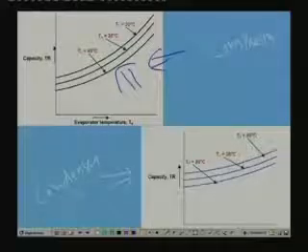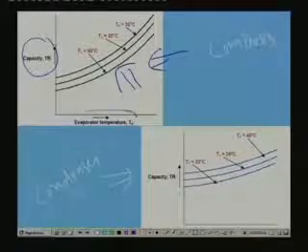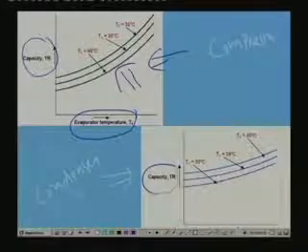One thing you should notice here is that both the x and y axes have to be the same for both the units. For example, for the compressor the y axis is capacity and the x axis is evaporator temperature, and for the condenser also the y axis has to be capacity and the x axis has to be evaporator temperature. Both have got to be the same and the scales also have got to be the same.